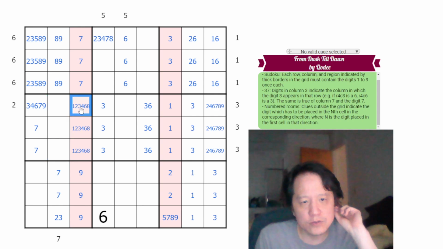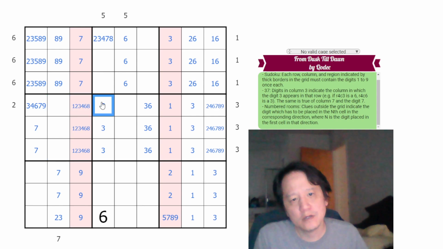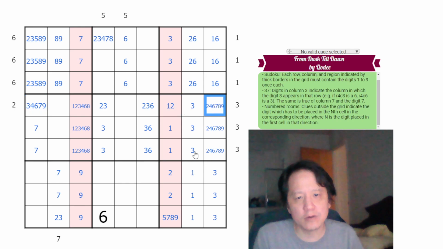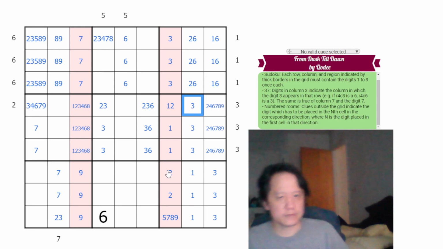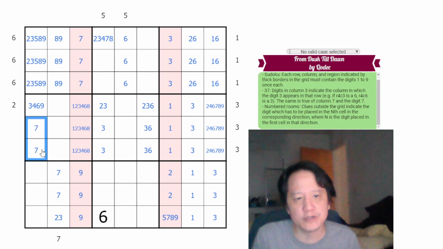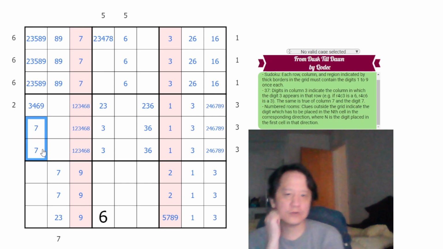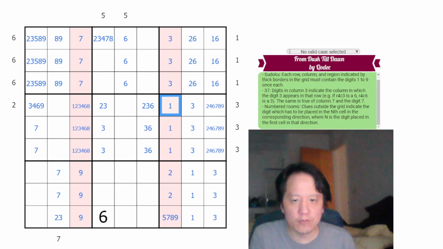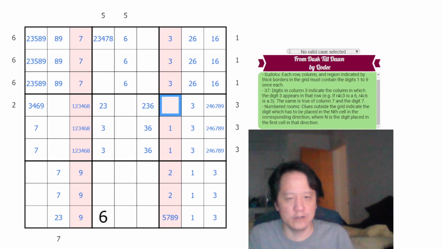So the 2 could be here. 2 could be here. Why can't it be 5? I don't know. It could be here or here. Wait, no, it cannot be here. So this cannot be 7. So we know the 7's one of those two. So this can't be 1. So this is 4, 5, 6, 7, 8, 9.